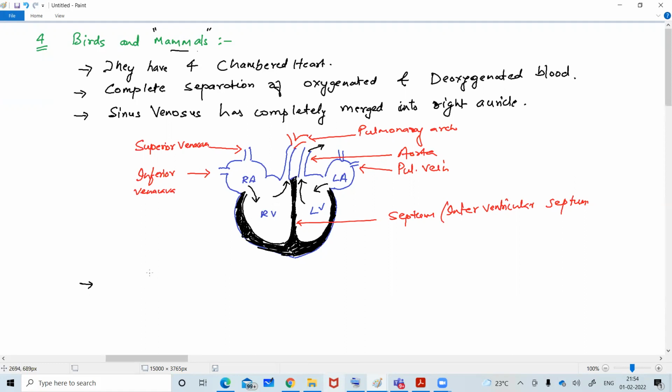So the two types of circulation, the double circulation, is due to the further division of Truncus arteriosus. So we'll write that point. Truncus arteriosus is evolved into one systemic and one pulmonary arc.